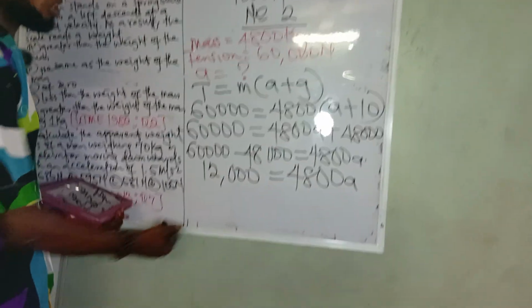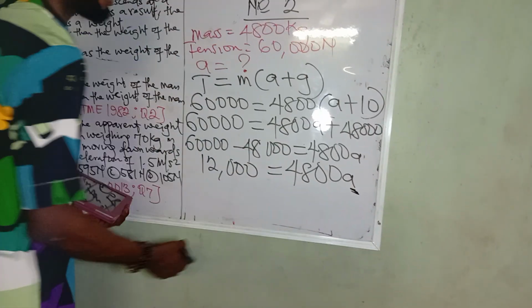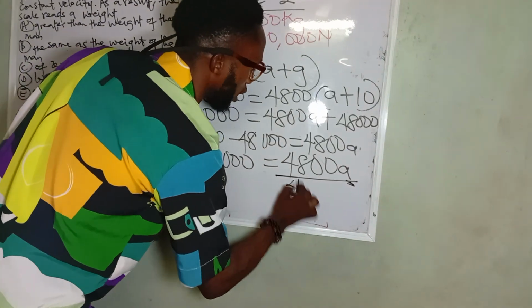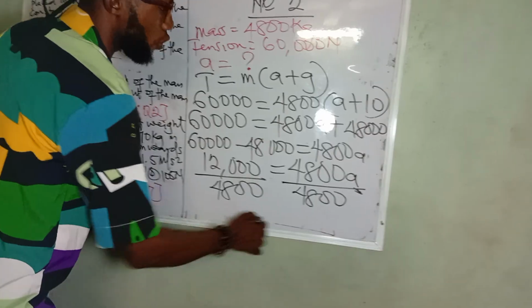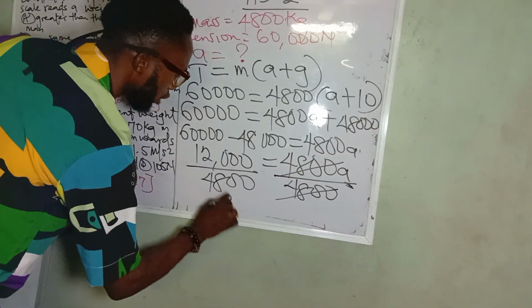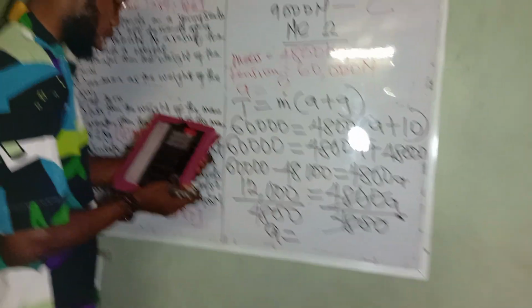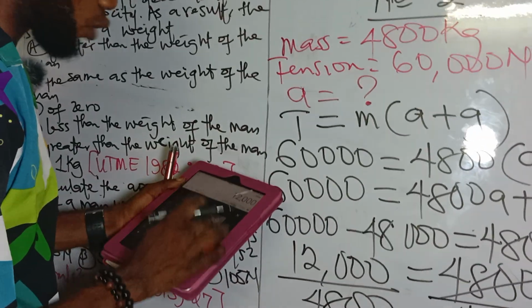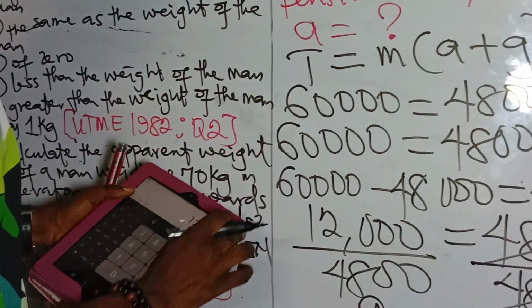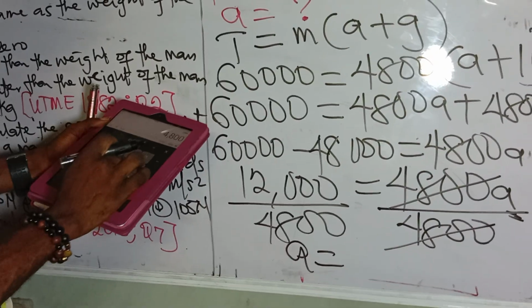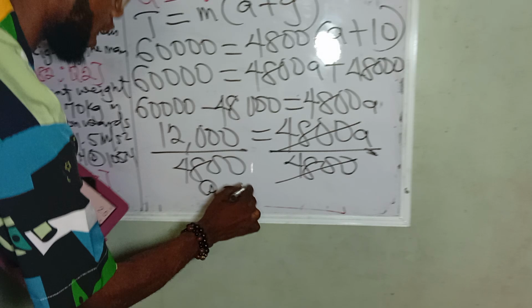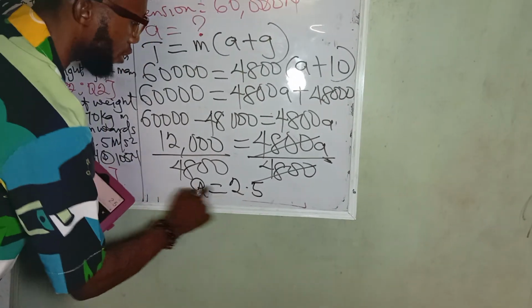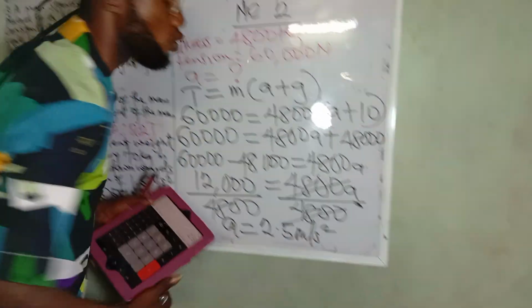We divide both sides by the coefficient of our acceleration, which is 4,800. 4,800 divided by 4,800 cancel each other. So our A will be 12,000 divided by 4,800, which gives us 2.5. So our answer is 2.5 meters per second squared.